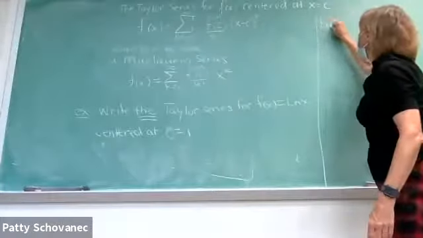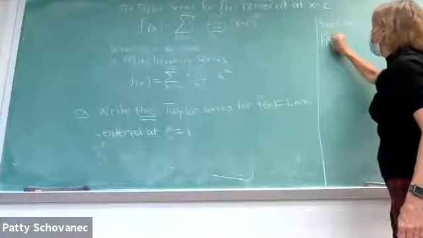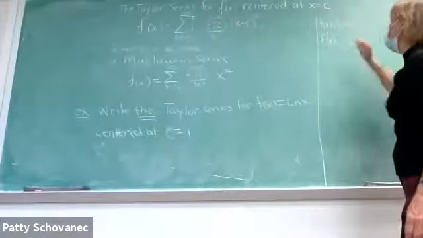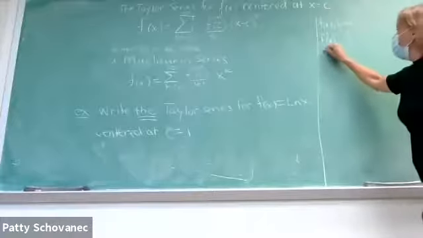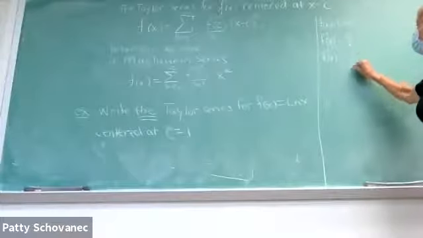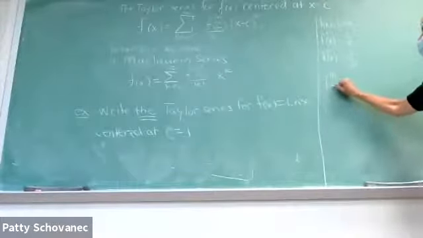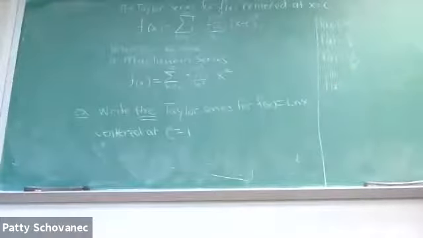So f of x is the natural log of x. F prime of x is 1 over x. F double prime of x is negative 1 over x squared. Now you take over. The simplified version of f triple prime: positive 2 over x cubed.